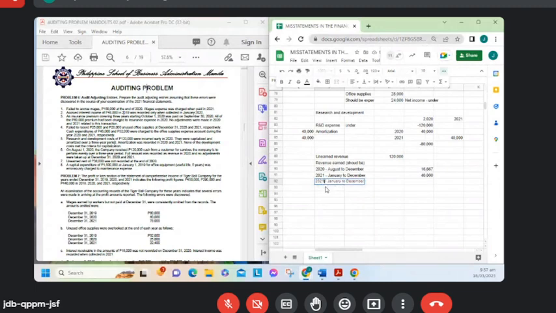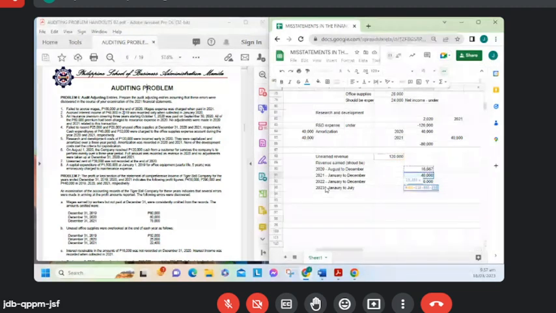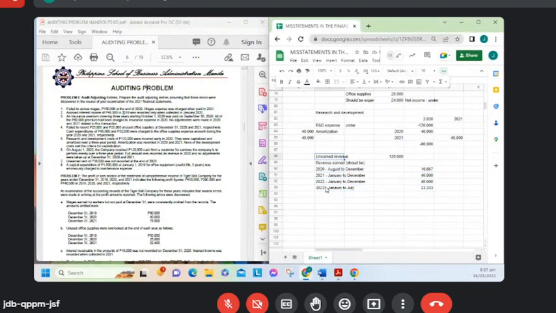So that's 40,000 also. And then the rest will be earned in 2023 from January to July. So that's 120 minus 96,667, 23,333. However, this full amount was recognized as revenue.